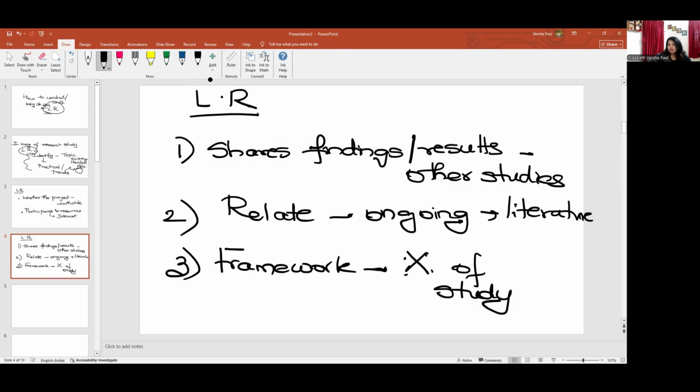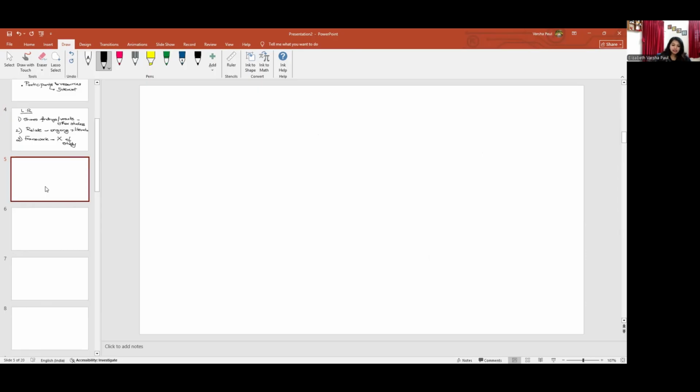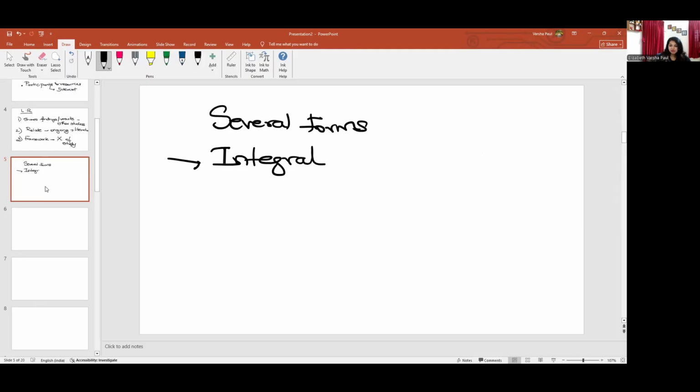So this is why the literature review is important, to understand where your journey is, how well you understand the topic. See, literature reviews take several forms. First one, they try to integrate what others have done and said.